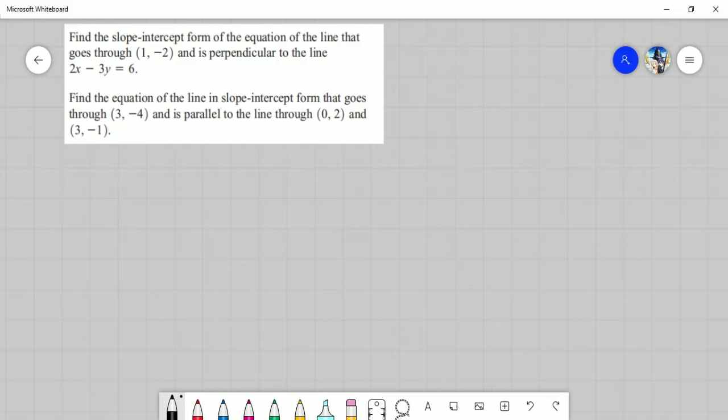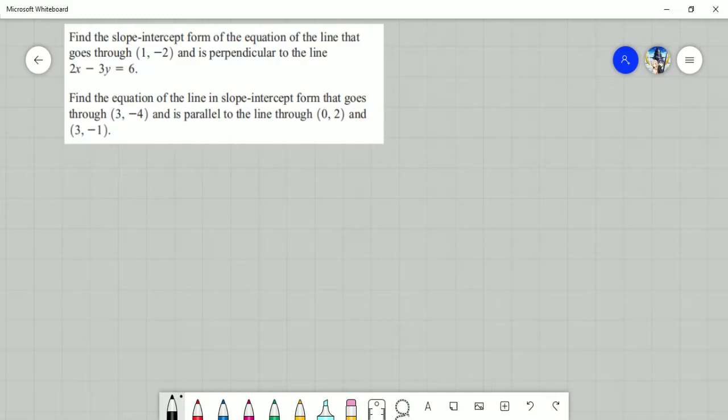We said previously that the slopes of two lines that are perpendicular are reciprocals and negatives. The slopes of two lines that are parallel are equivalent. They have the same slope.